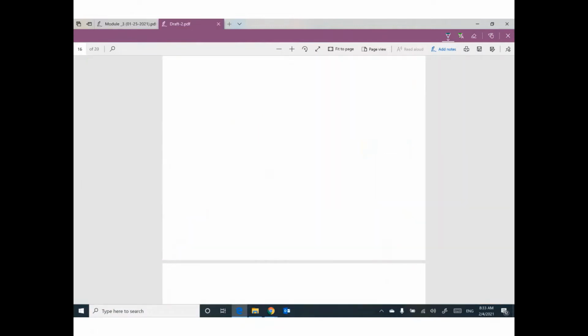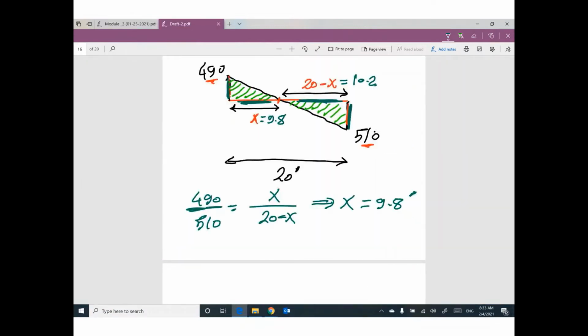So guys, one more time. If you have this shape of the shear force diagram, I highly recommend to calculate moment at the beginning, calculate moment at this location, and calculate moment at the end. Like I did here.